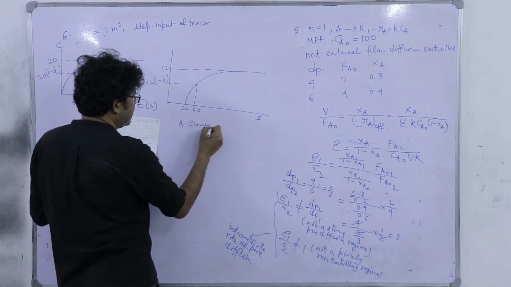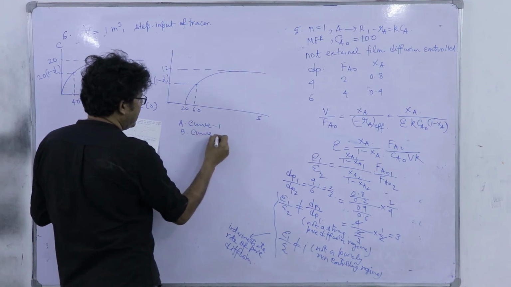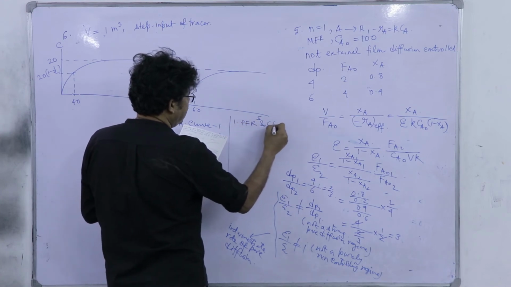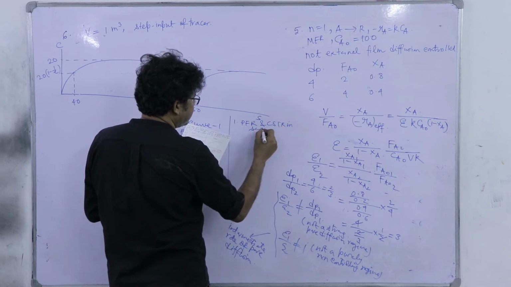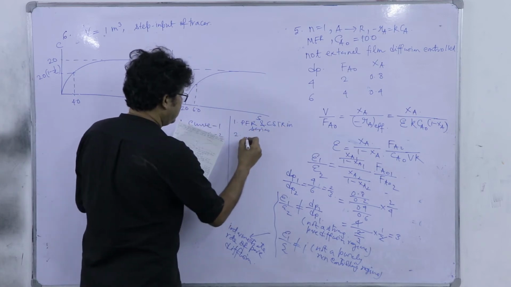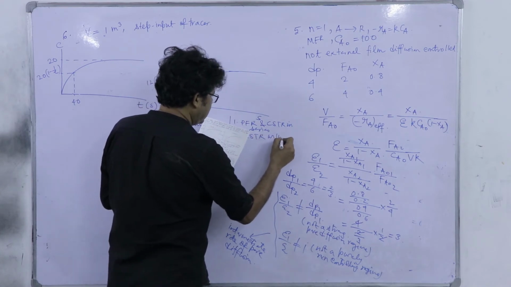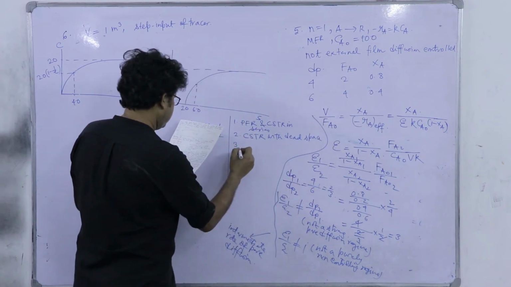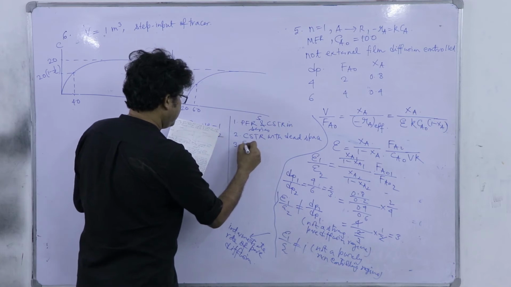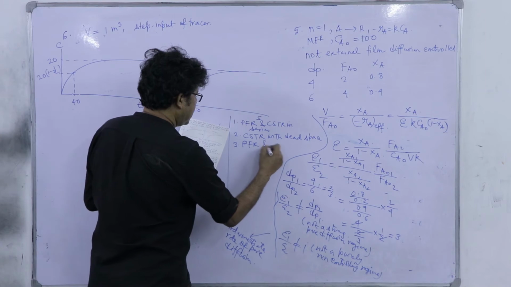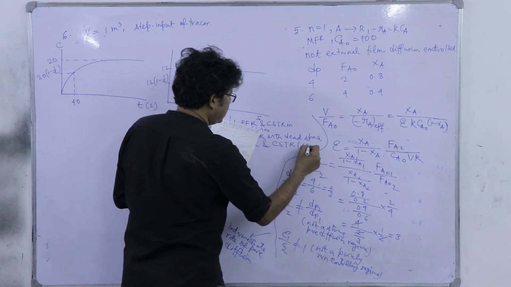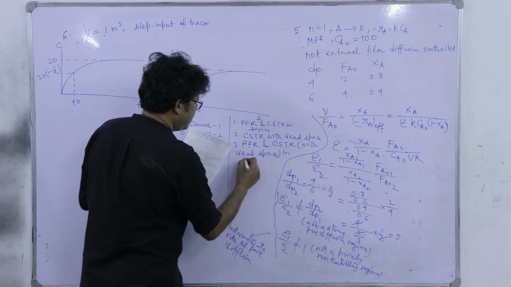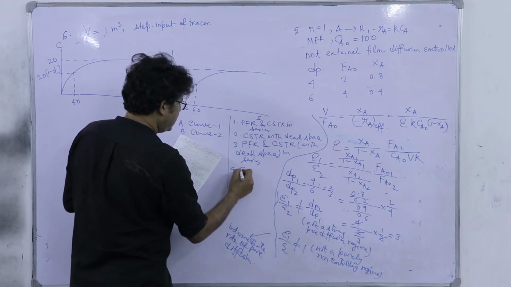A, curve 1, B, curve 2, and here PFR and CSTR in series, CSTR with dead space, PFR and CSTR with dead space in series for CSTR.